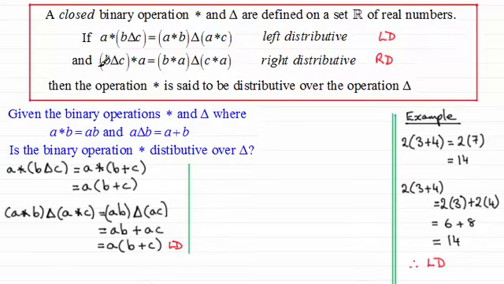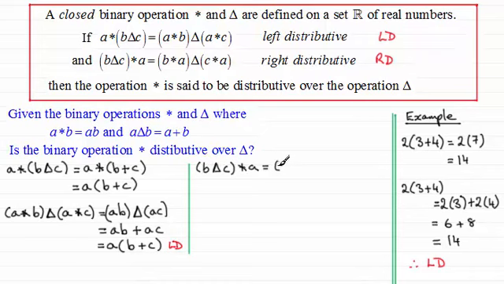So we next have to go on just to show that it's right distributive. So we need to take the left hand side here and check that it equals the right hand side. So starting with the left hand side then, we've got B triangle C, and that's starred with A. And doing B triangle C, that's going to be equal to the first element plus the second.